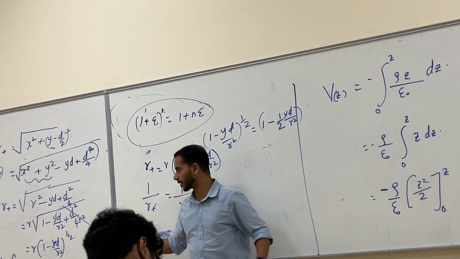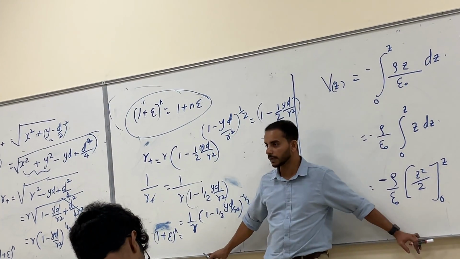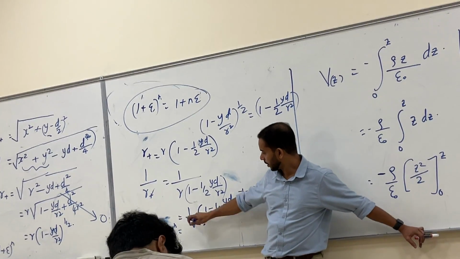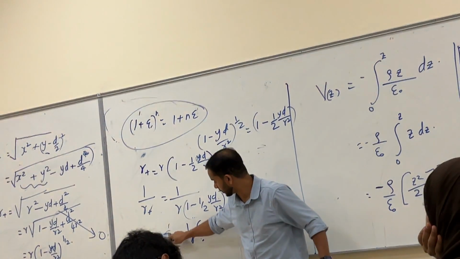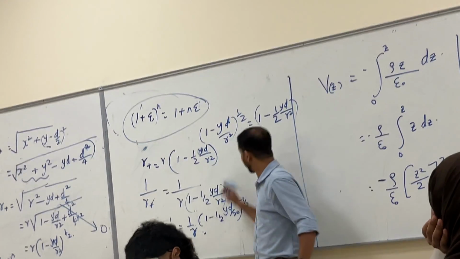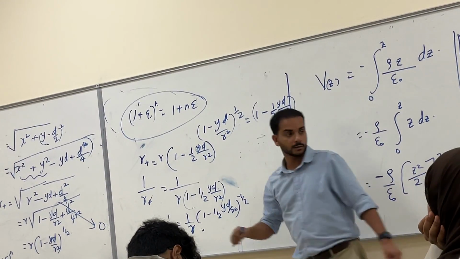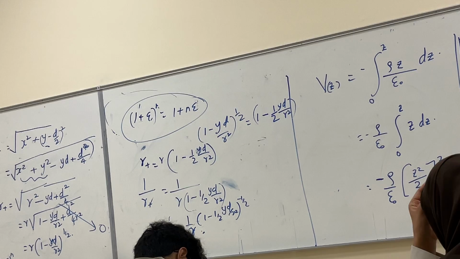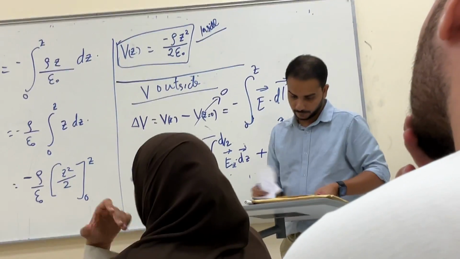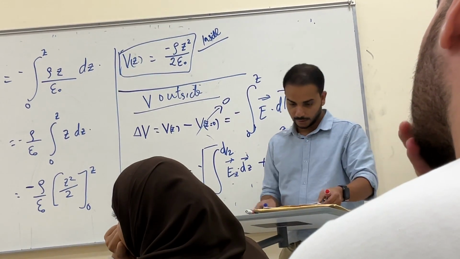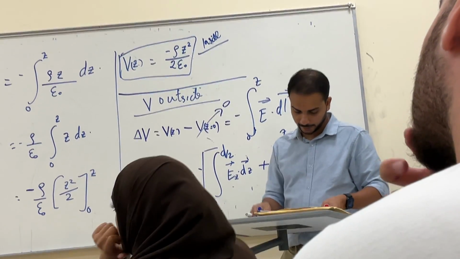And I can provide a solution for this one. Once you have 1 over r plus like this, you will get 1 over r minus, just switch the sign. Then you can write the potential in terms of r. That's the whole idea.